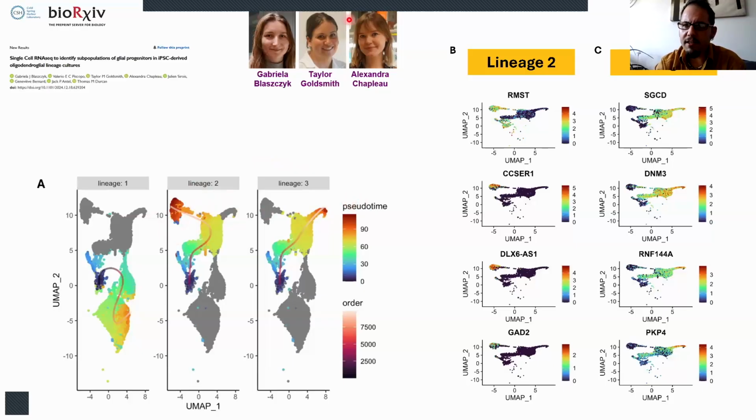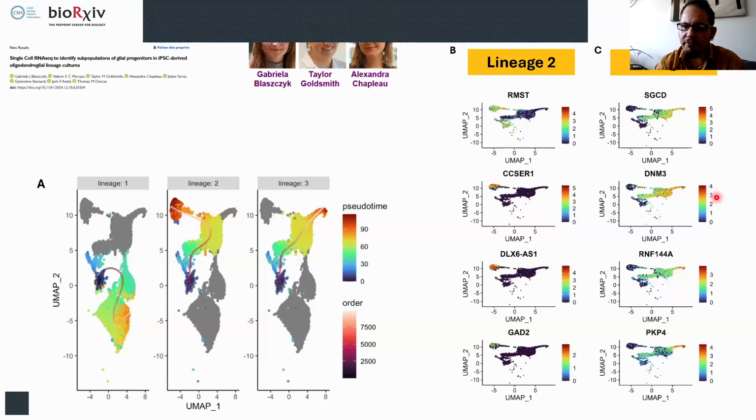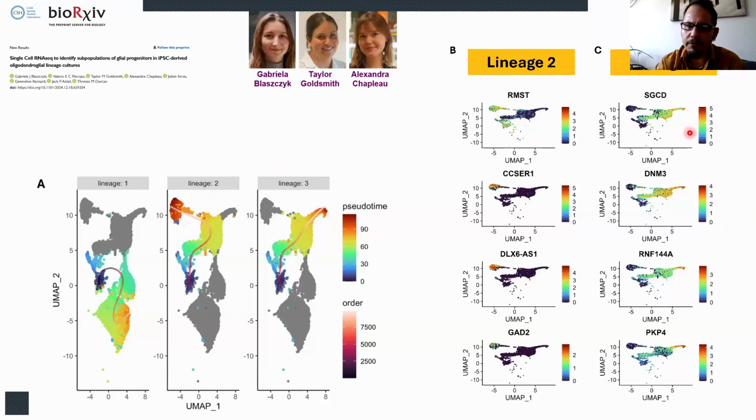The interesting fact is that we identified the genes that drive the divergence toward lineage 2, the resting OPCs, and lineage 3, the mature oligodendrocytes. And it's interesting to notice that none of these genes were previously described in oligodendrocytes, although they are present.